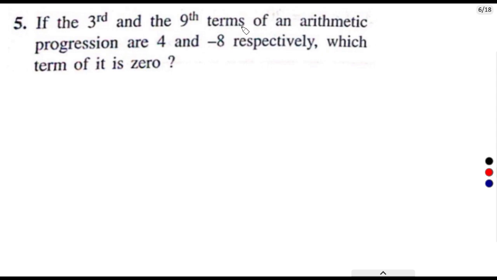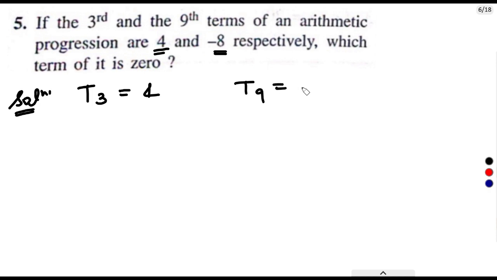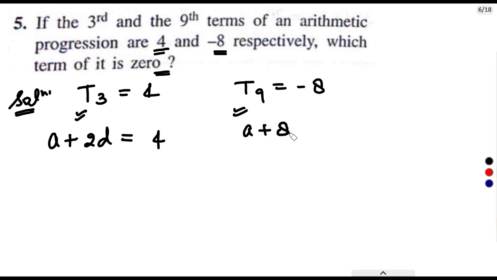If the third and ninth term of an arithmetic progression are 4 and minus 8, which term of it is 0? Third term is 4 and ninth term is minus 8. First equation we will make from third term, second we will make from ninth term. Third term will be a plus 2d is equal to 4 and from here a plus 8d is equal to minus 8. Now solve these two equations simultaneously.